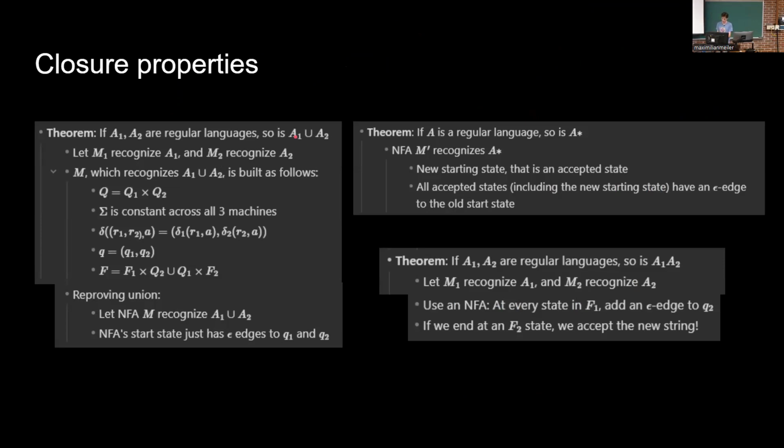Essentially, if A1 and A2 are regular, then A1 union A2 is also regular. The easy way to do it is just using an NFA. We have a start state, and then we just add this epsilon edge. This epsilon means you can take it at any time. It doesn't require a value.